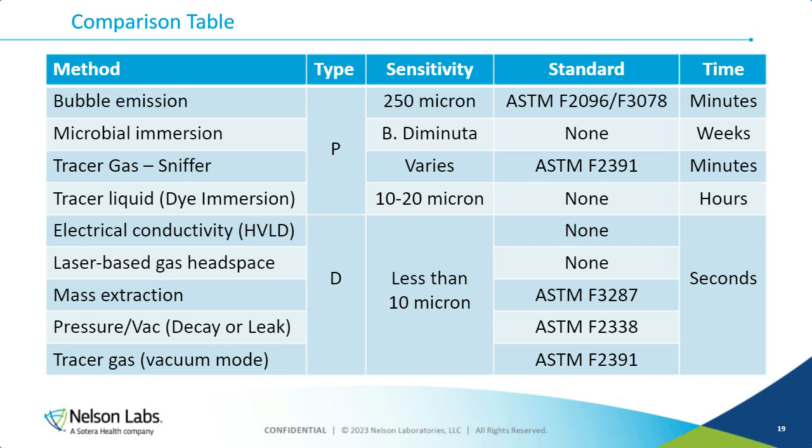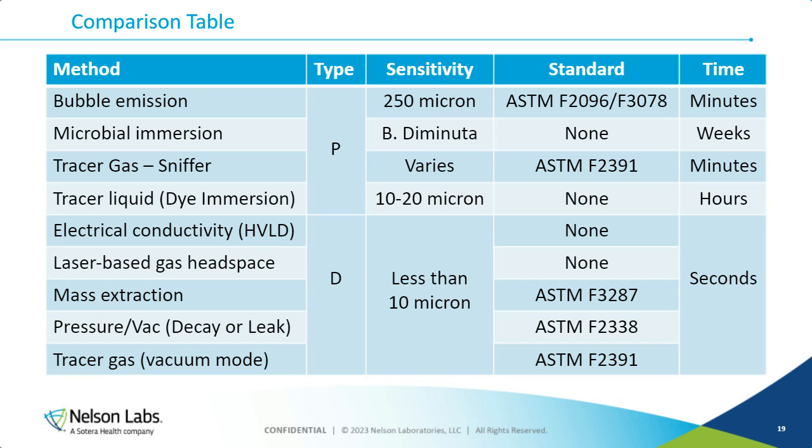Here I've got a comparison table just to look at the critical parameters of these methods together. And you'll see that for all the deterministic methods, the test method sensitivity is really good. It's less than 10 microns. That's very good sensitivity for regulatory bodies.